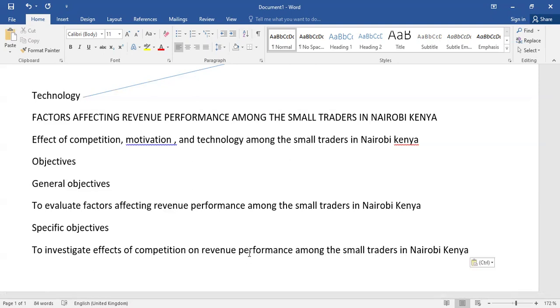That is to investigate the effect of competition on revenue performance among the small scale traders in Nairobi, Kenya. That is our first specific objective.